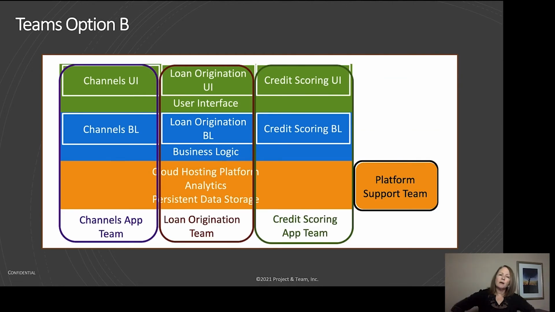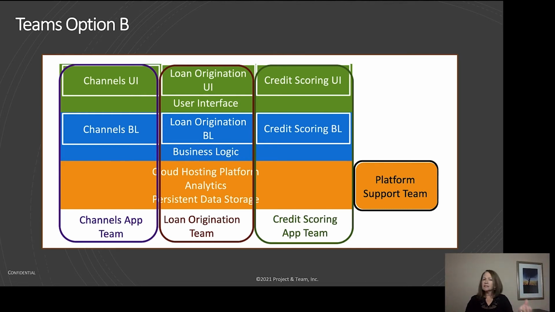So here's another option. What if, crazy idea, what if we took the user interface people and divided them up and made specialists for the channels application and had specialists who know business logic for the channels application, and then even down in the infrastructure layer, we have to ask ourselves, what are the aspects of the infrastructure?